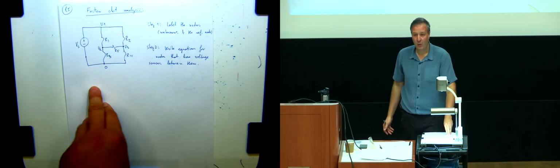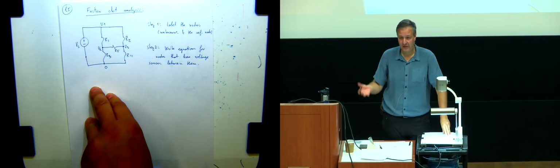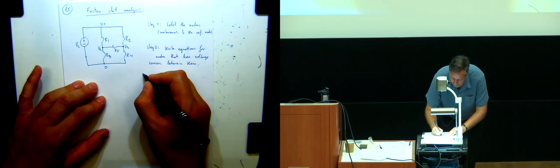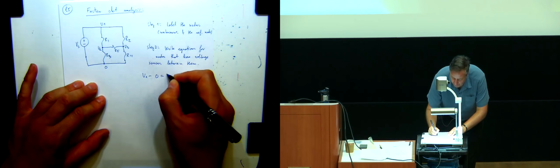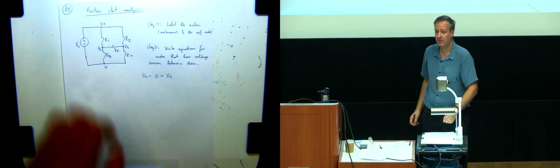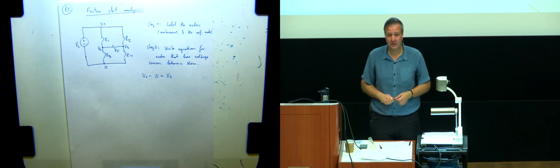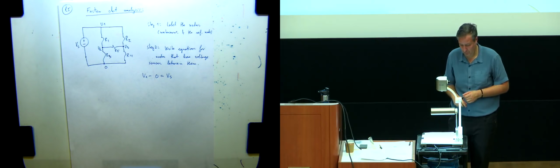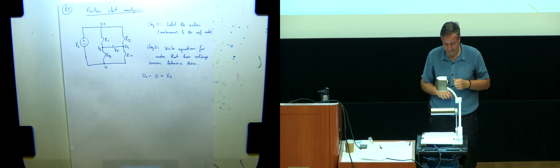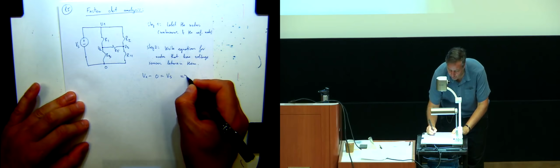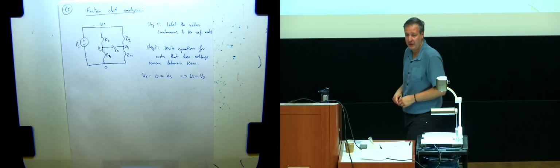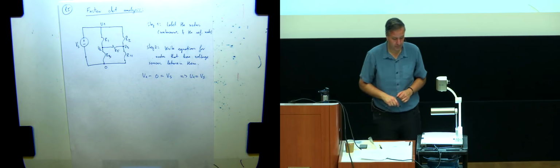Why is this? Well, that's already kind of solving your problem, right? In this case, I write U1 minus 0 equals Vs. That's it. It's done. So from here, I know that U1 equals Vs. That's one less variable in my circuit.